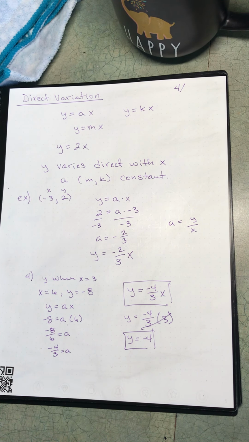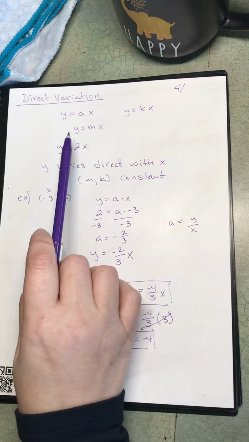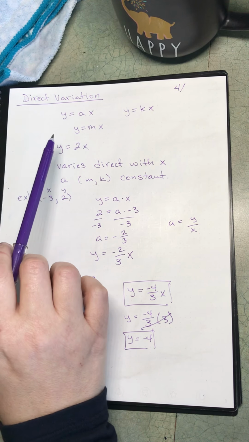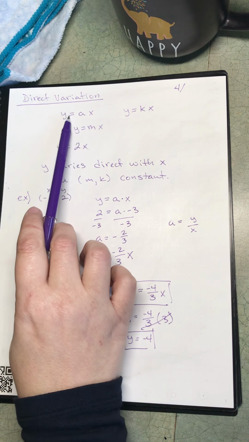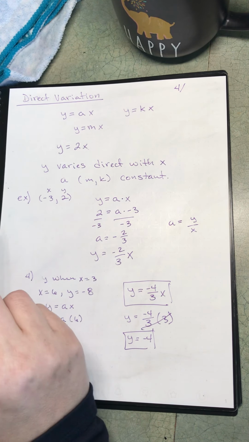For the next set of questions, it's asking to tell if an equation is direct variation. And you can tell that by whether or not it's in this form, or whether it could be written in that form. If you could write it or rewrite it as y equals a times x, or y equals a number times x, then it is in fact direct variation.